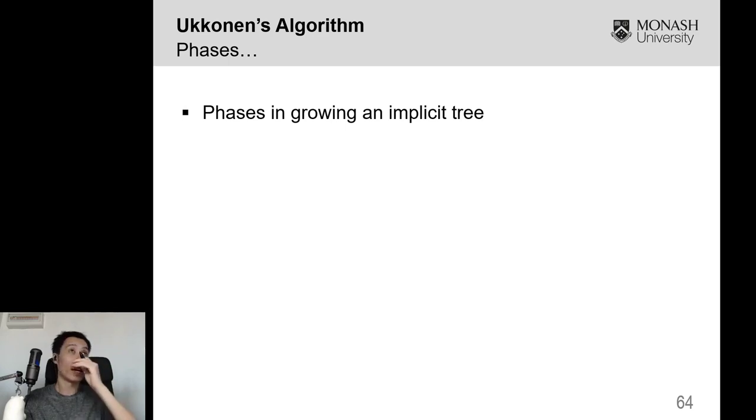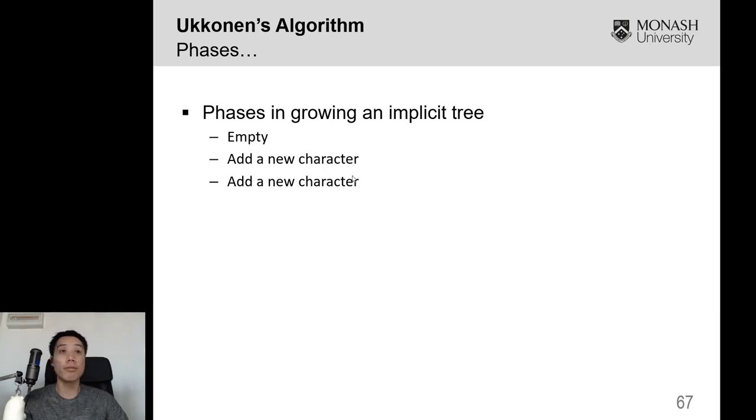Okay, and in every phase, your tree will mostly grow, or it may not grow if you're at rule number 3. But something is always happening at every phase. So the first phase will be empty. You are going to move on to a new phase when you add a new character, until you have the complete implicit tree.